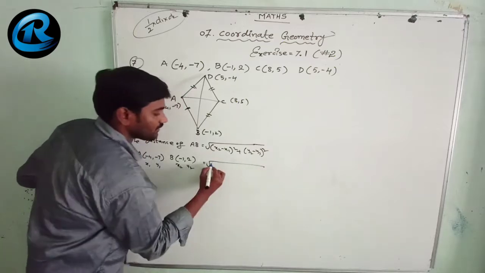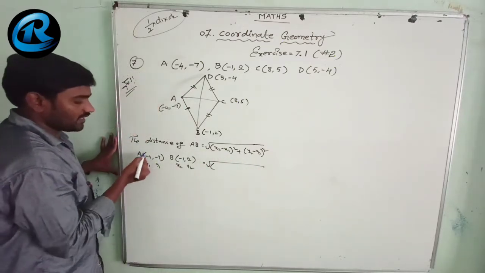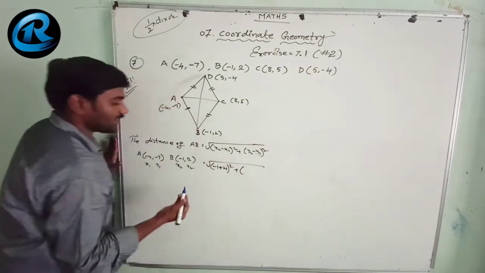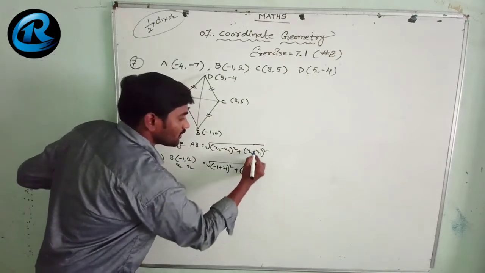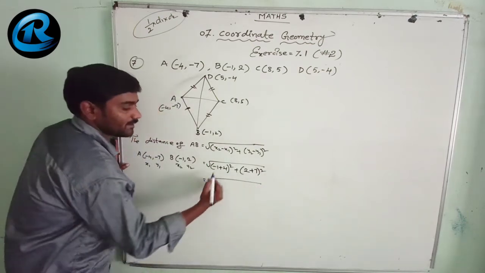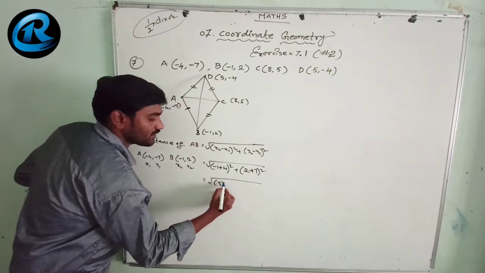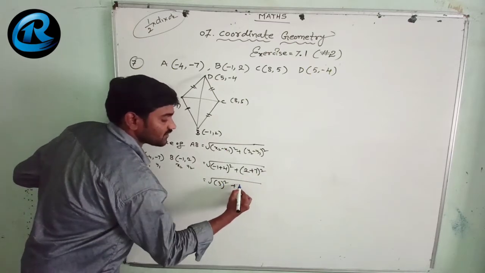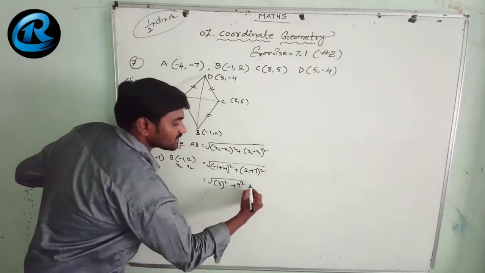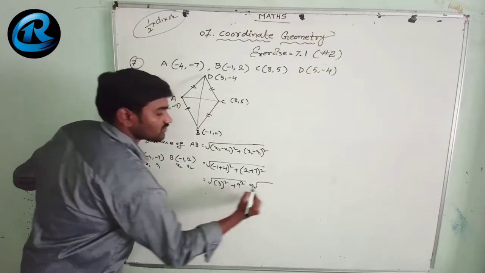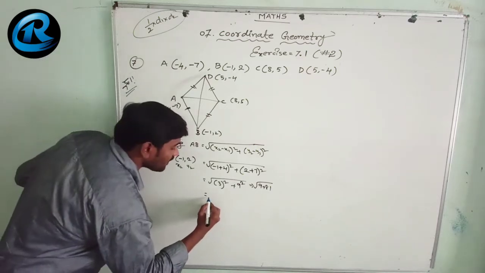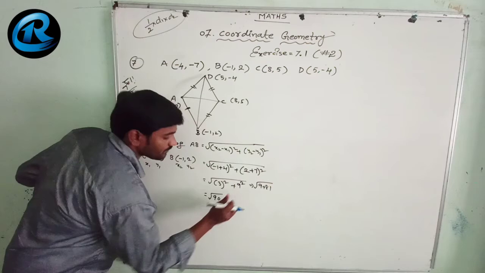Let us substitute: x2 minus x1 is minus 1 minus of minus 4, that is plus 4, whole square. y2 minus y1 is 2 minus of minus 7, that is plus 7, whole square. Then 4 minus 1 is 3, 3 square plus 2 plus 7 is 9, 9 square. The 3 square value is 9 plus 9 square value is 81. So it will become under root of 90 units.